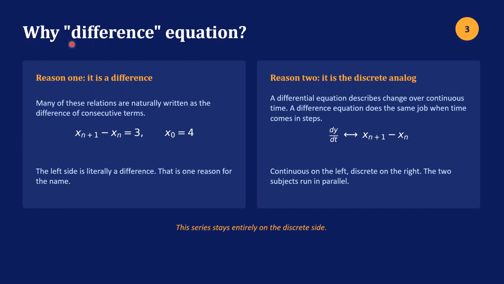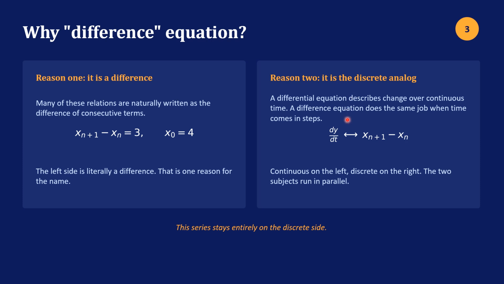Why do we use the phrase difference equation? It's because a lot of these sequences can be written as a difference, as we saw in our first example. So this difference gives us the rule for computing additional terms. It's also related to differential equations. It's sort of the discrete analog.